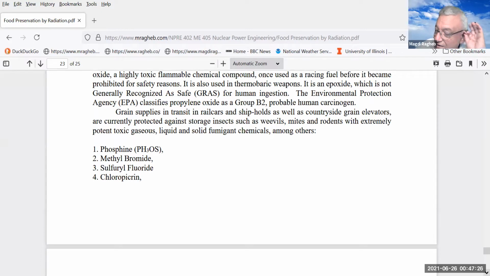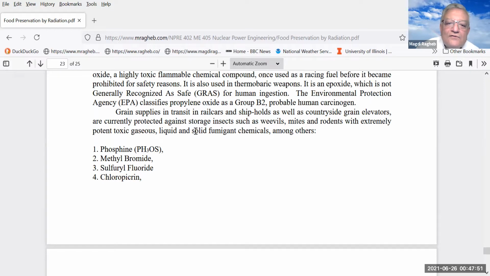It's a competition between humans and the insects and the fungi and the bacteria for the stored food supply. So what do they do? They fumigate the stored grain. And also when the grains are shipped to other countries in the world, in the ship holds, they are fumigated.